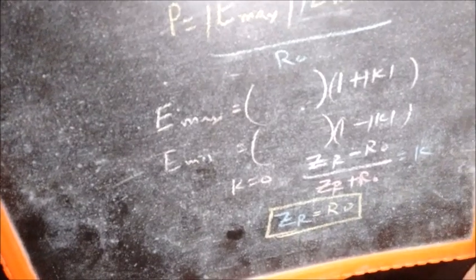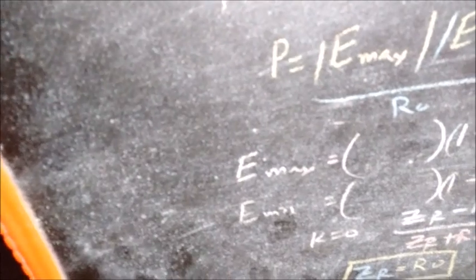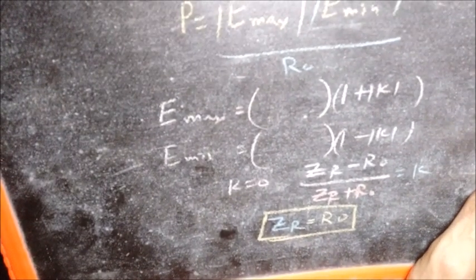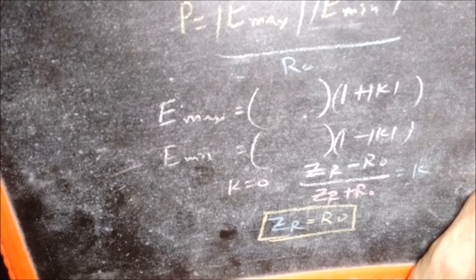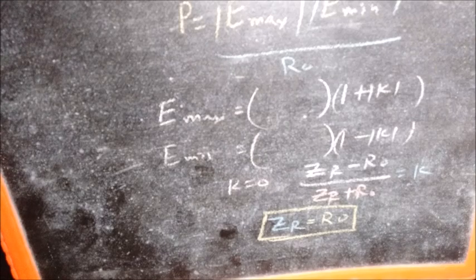That means there will be no reflection. K is 0 means there is no reflection, because K is basically the amplitude of the reflected waveform. So if K is 0, there will be no reflection. And for no reflection to happen, the load impedance has to be equal to the characteristic impedance of the transmission line. And when that happens, there will be no reflection from the transmission line.